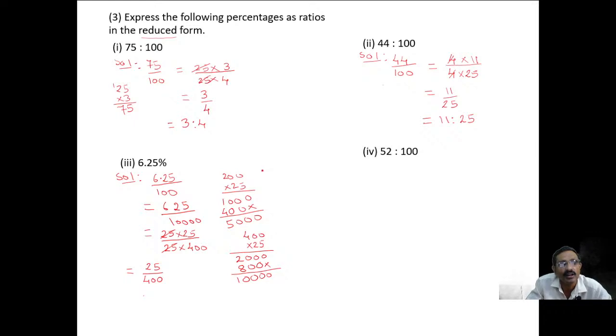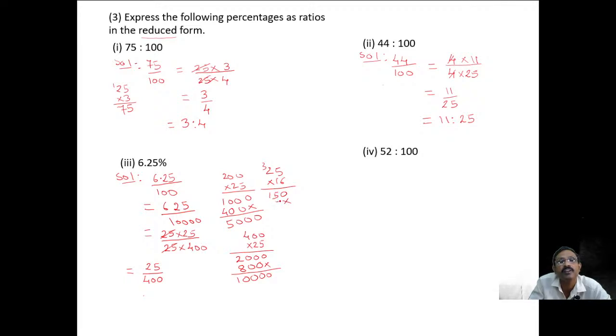Let me check 25 into 16. 6 fives are 30. 6 twos are 12, 13, 14, 15.